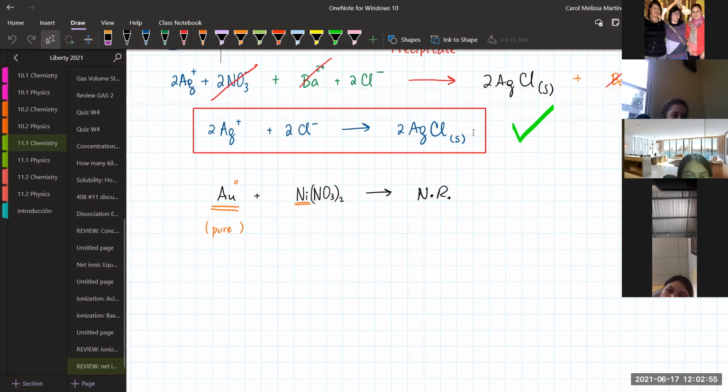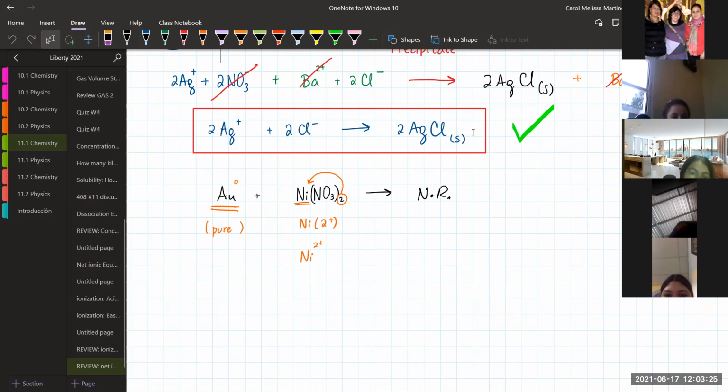I identify the charge because it's the 2 that is outside nitrate, because remember, the charges are opposite to the element that they belong to, okay? So this nickel is actually nickel that is using 2 plus as a charge. In this case, the nickel ion is going to be Ni2+.